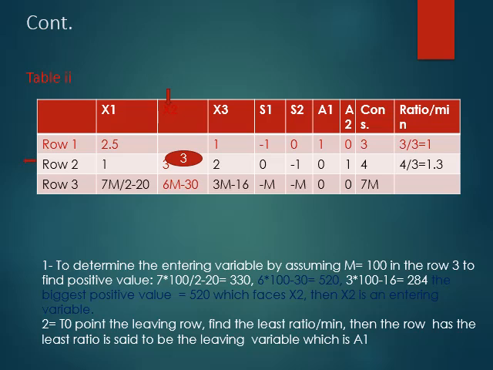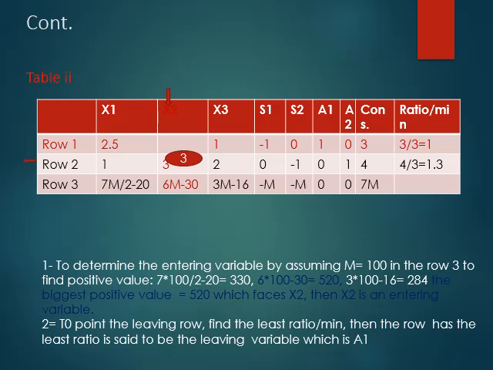Okay, 7M over 2 negative 20, 6M negative 30, 3M negative 16, negative M, 0, 0, and 7M. Now we are going to apply the main steps.